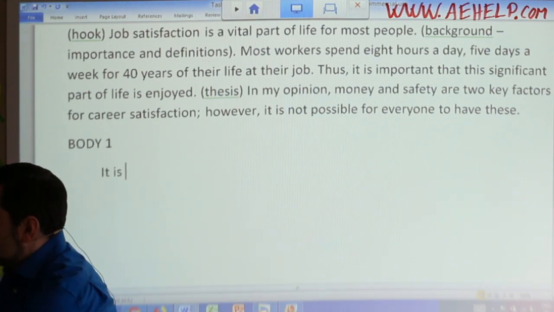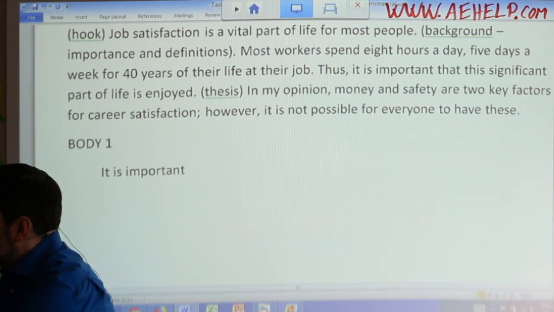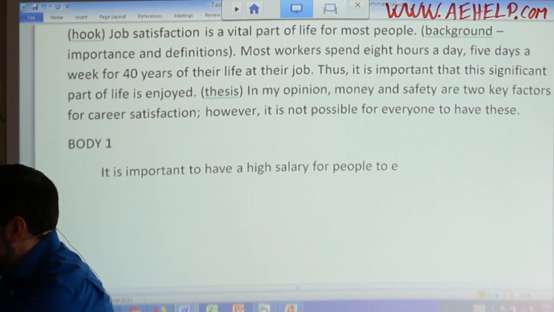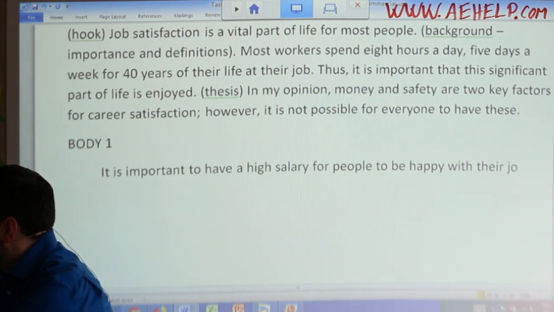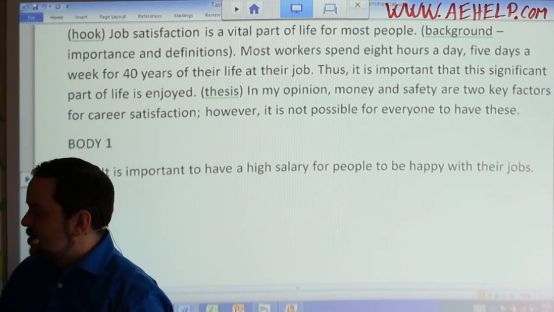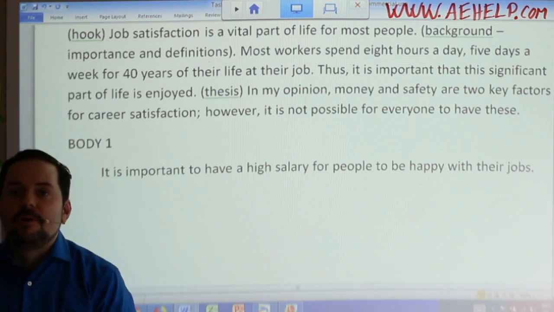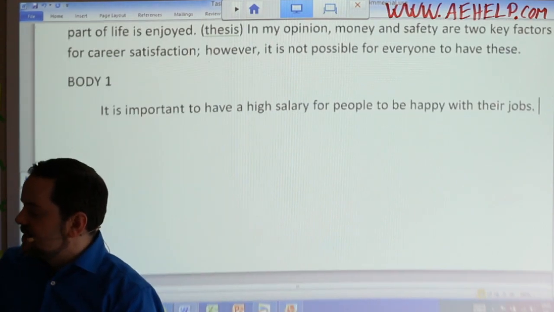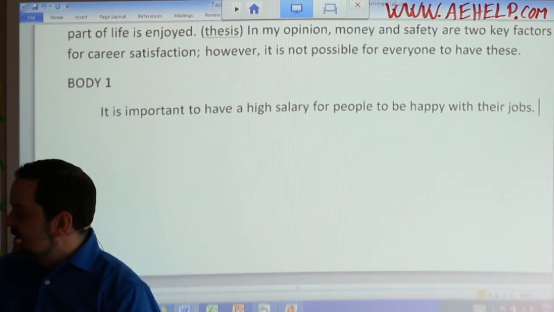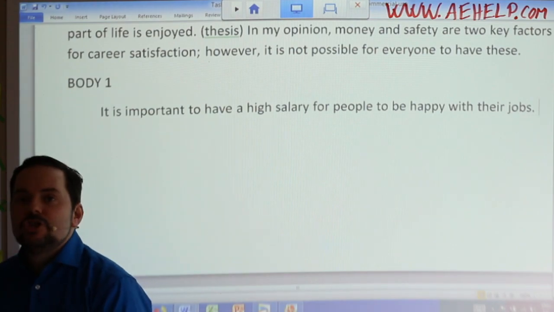It is important to have a high salary for people to be happy with their jobs. Okay, so the first sentence for body 1 is the topic sentence. It is important to have a high salary for people to be happy with their jobs.